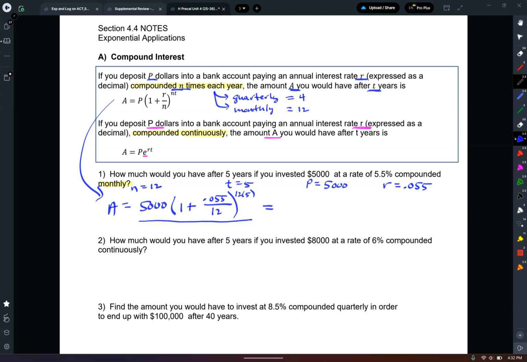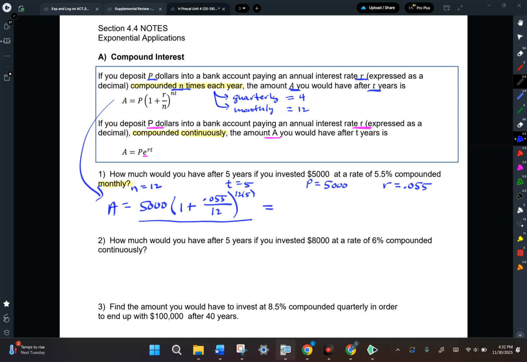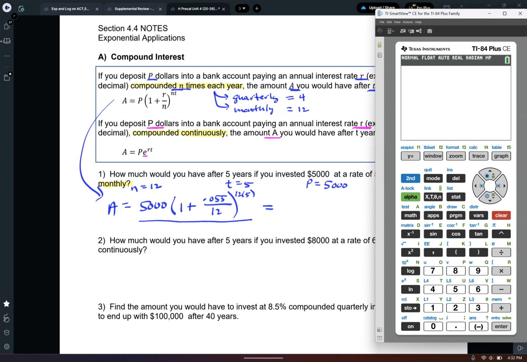So on my calculator, and these will all be calculator problems, I'm just going to type in exactly what I see underlined, 5,000. And then in parentheses, I'm going to put 1 plus, and then I have a fraction.